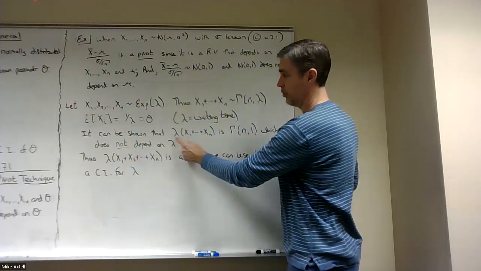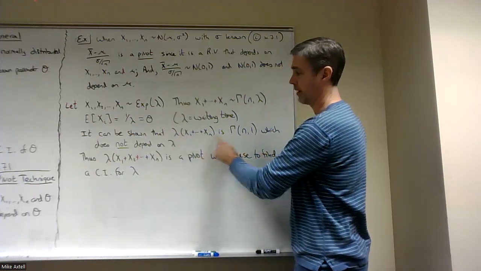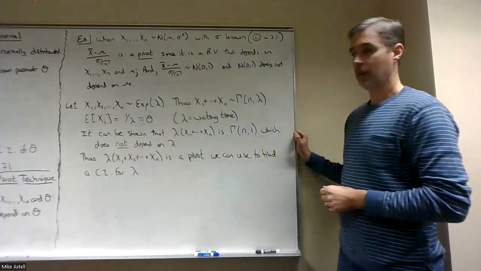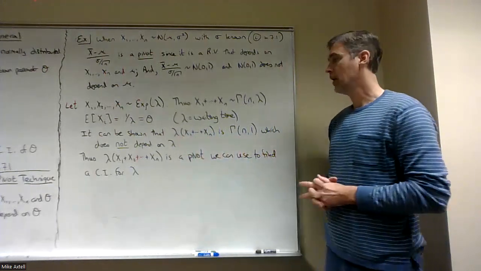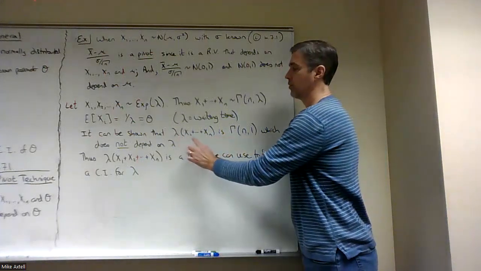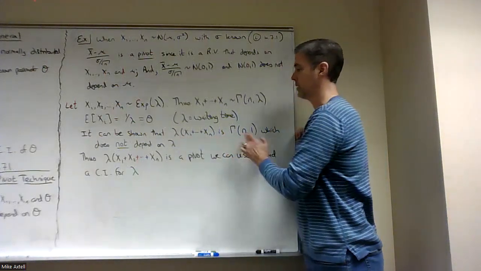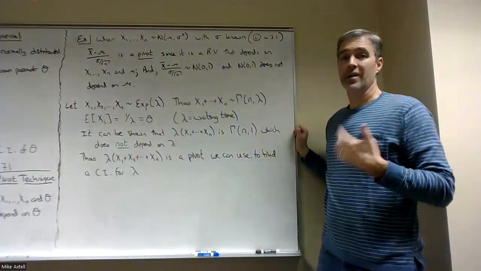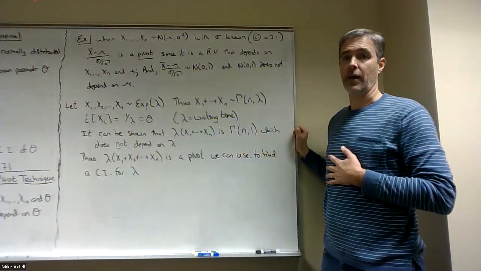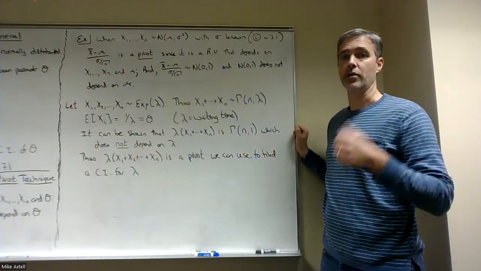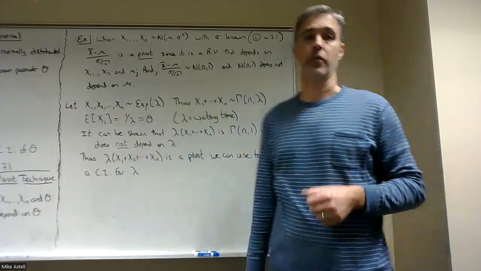So this new random variable, lambda times the sum of my data, that's a pivot. And we can use it to find a confidence interval for lambda, okay? Now, we don't have to go through the gory details of why this is a gamma distribution, but we would have just used the distribution technique that we learned in Math 313, which I'll remind you of again in the next couple panels over.